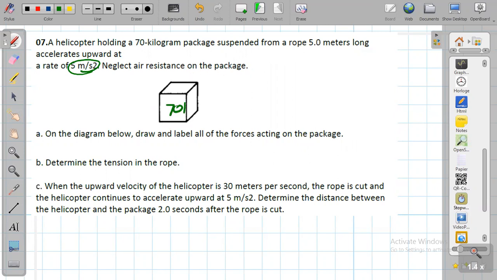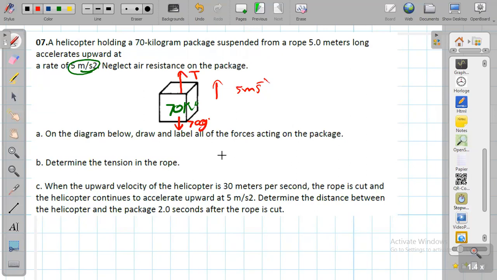It is 70 kg. So on the diagram, label all the things on the package. Here 700 Newton, like 70g, and a force of tension upwards, with the acceleration upwards. Now we have 5 m/s squared as the acceleration.